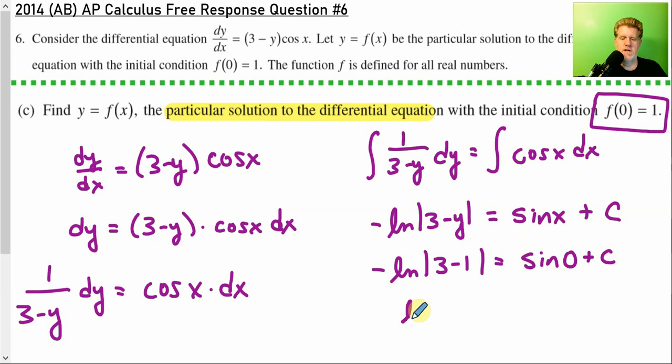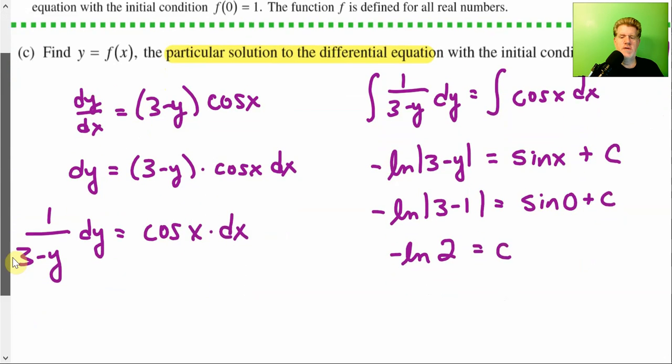So I get the natural log of 2. Whoops, I meant to change pens already. Sine of 0 is 0, and I get c equals the negative natural log of 2. All right, good.